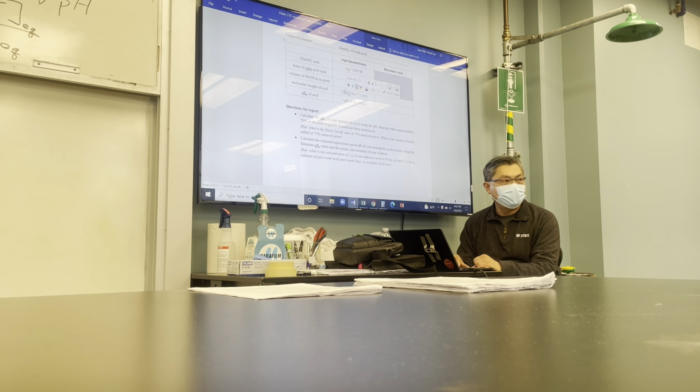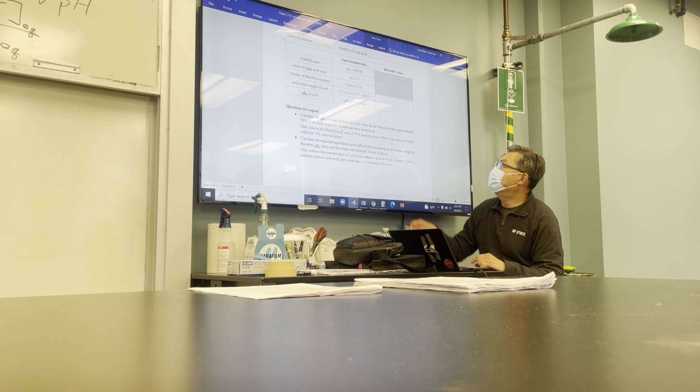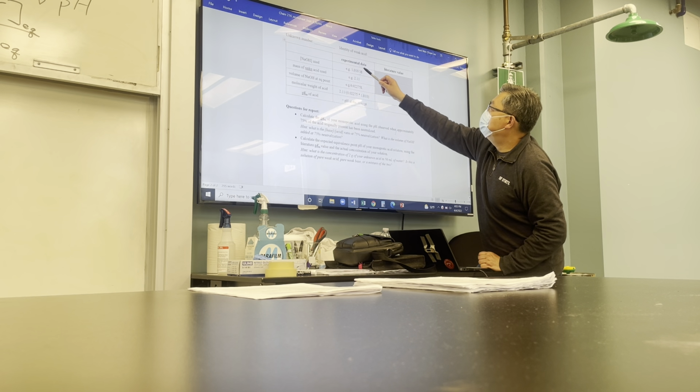It is the volume and the concentration multiplied. So here's the volume in liters times the concentration. So basically, it's the concentration times the volume, and the mass divided by that.